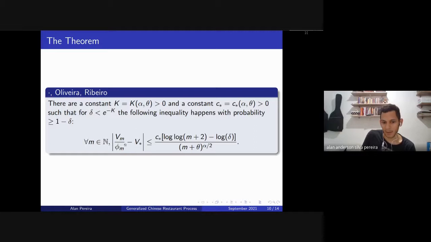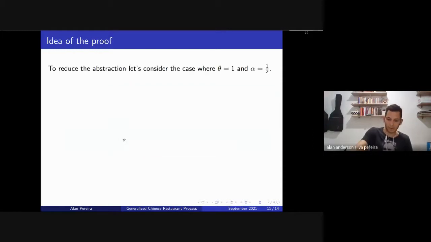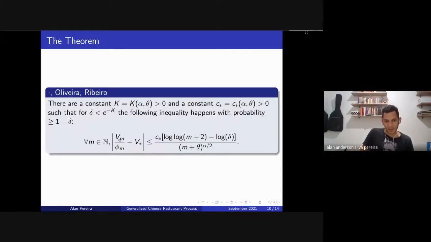And we know that, let's say it better, for all m, the probability that everybody happens at the same time, everybody being near the limit, is near to 1.